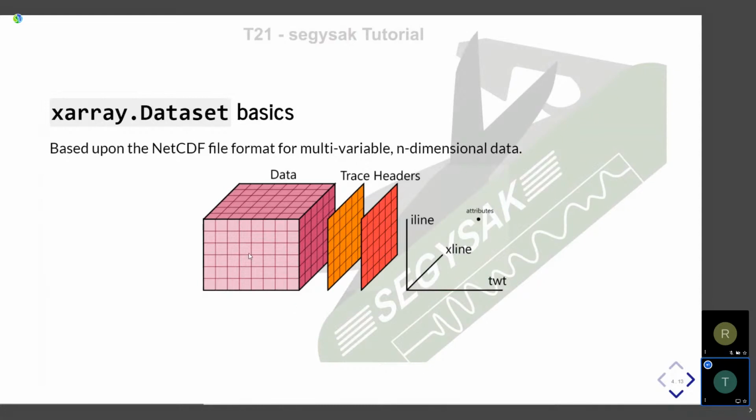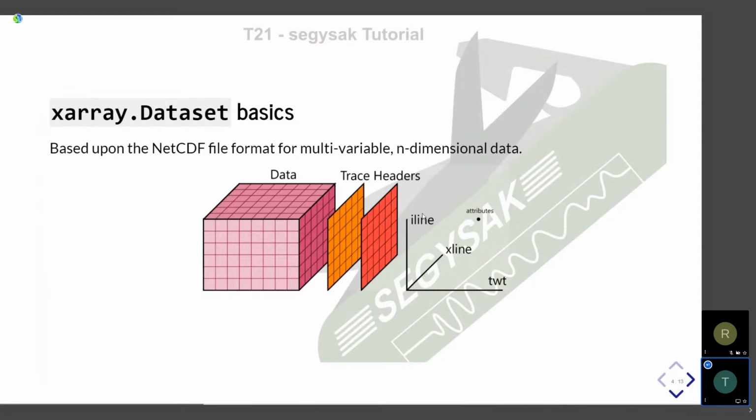So let's talk a little bit about the Xarray data set and what it looks like and why it's useful when we're talking about SEG-Y data in general. I've borrowed this picture and edited it a little bit from the Xarray documentation. But essentially, you can think about Xarray data sets as being this n-dimensional set of data variables. So you could have multiple cubes, for example, with a set of coordinate information, so the trace headers usually.